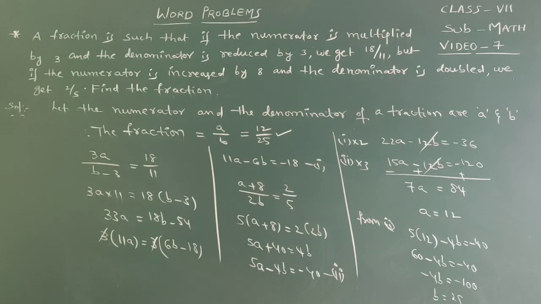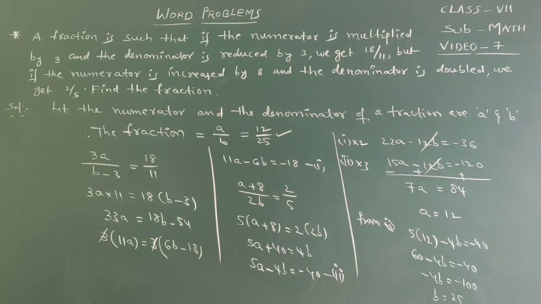Numerator is increased by 8, means a plus 8. Denominator doubled, means 2b. Then a plus 8 by 2b equal to 2 by 5. So after cross multiplication and simplification, we got 5a minus 4b equal to minus 40.